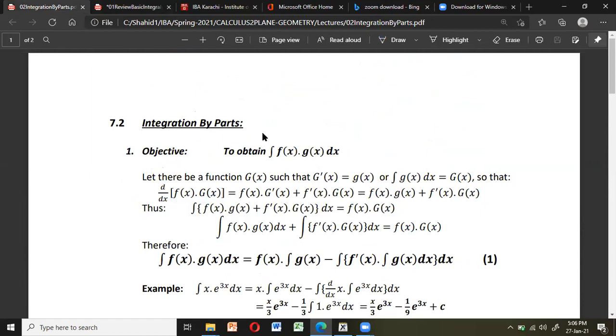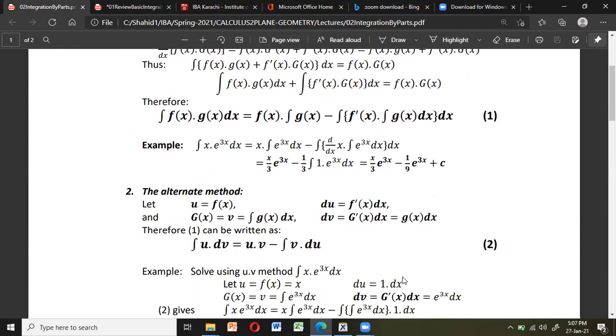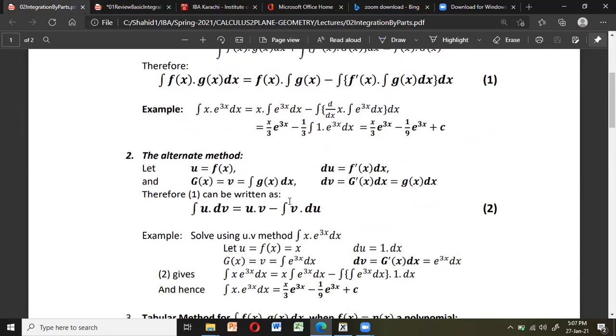The second part of this chapter that we have to explore is integration by parts. Now, most of you should be familiar with using integration by parts wherever this technique is required. Some of you use this formula, some of you use this UV technique.